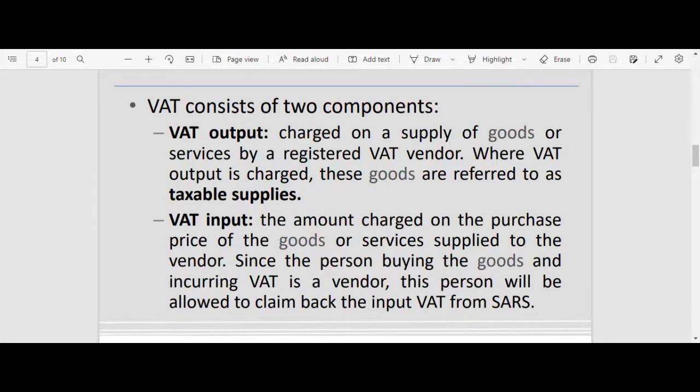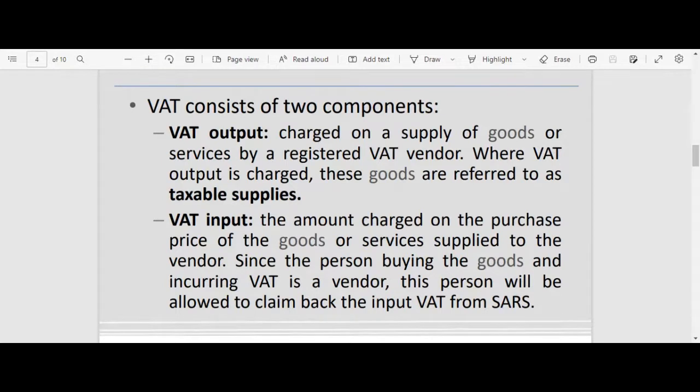I also wanted to mention the voluntary and compulsory registration. Ladies and gentlemen, when it comes to value added tax, if a company has got income or supplies, let's call it supplies, because that's the word being used by the Value Added Tax Act.